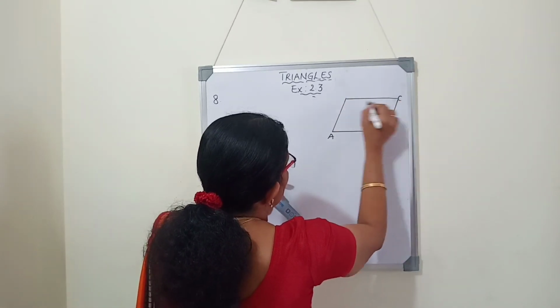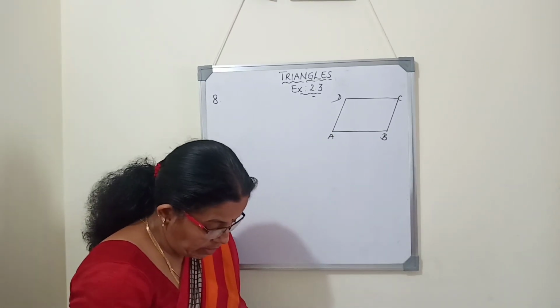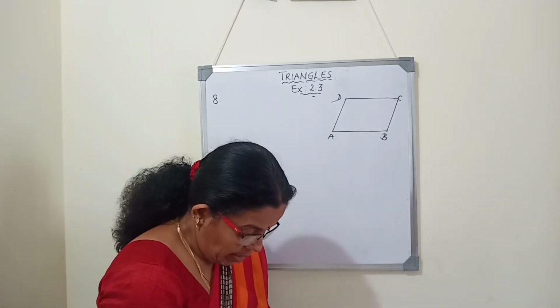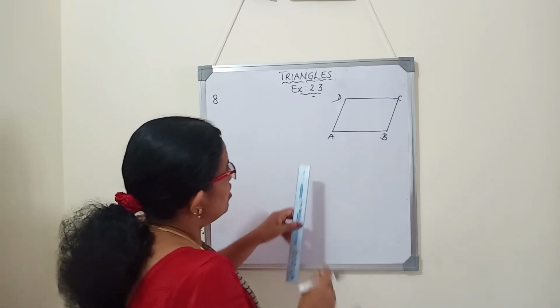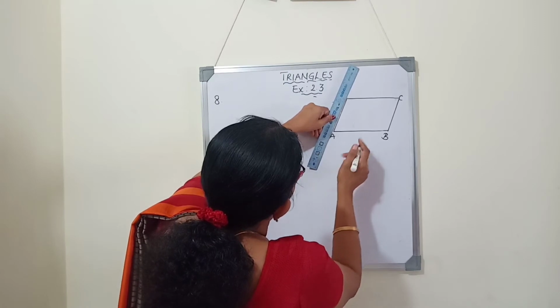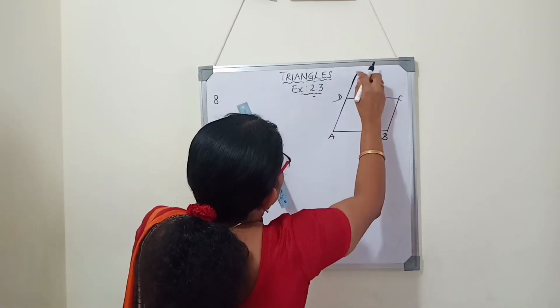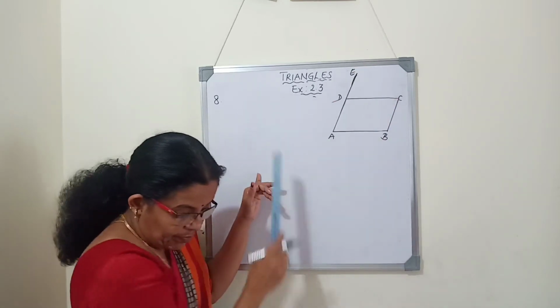ABCD is a parallelogram. AD should be produced, extended, and we will get a point E.